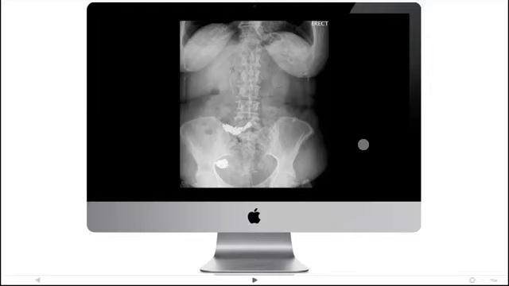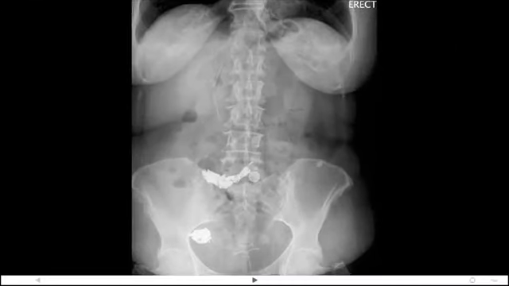We can also incidentally see the presence of an intrauterine device within the region of the pelvis, and two other radio-opaque lesions in the right upper quadrant, which may represent pins.